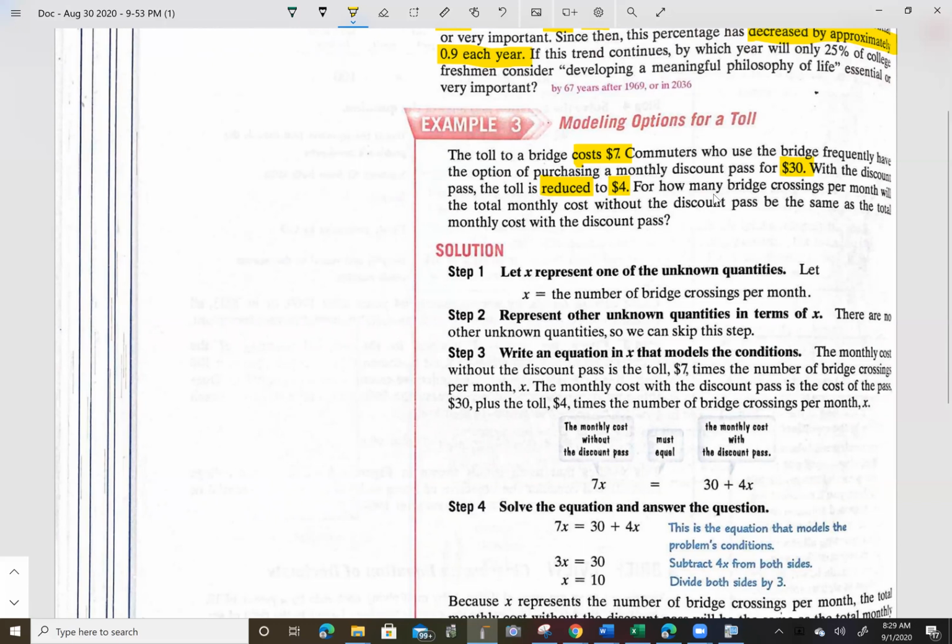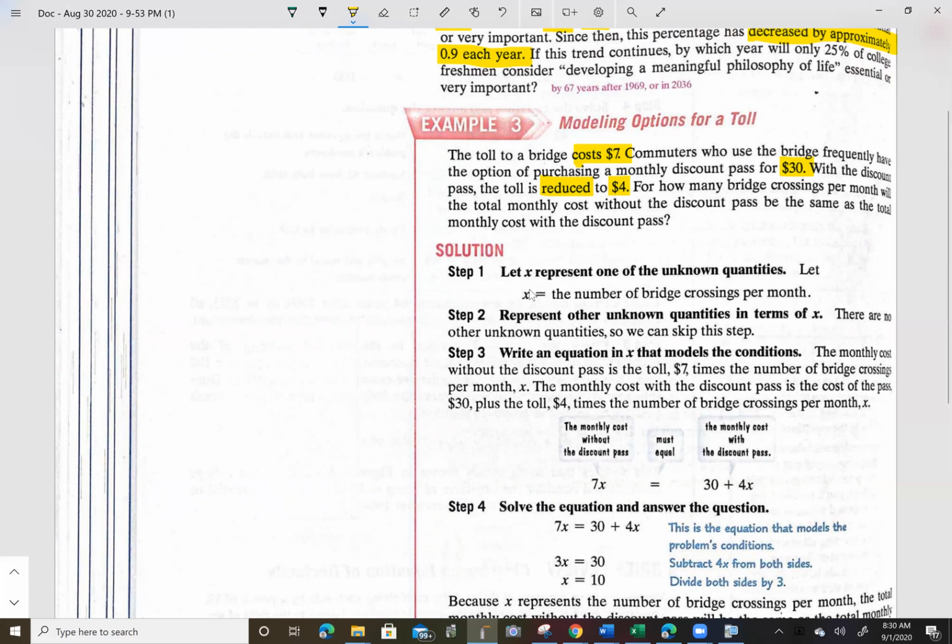For how many bridge crossings per month will the total monthly cost without the discount pass be the same as the total monthly cost with the discount pass? So how many times do you have to use the toll for the money to make sense?